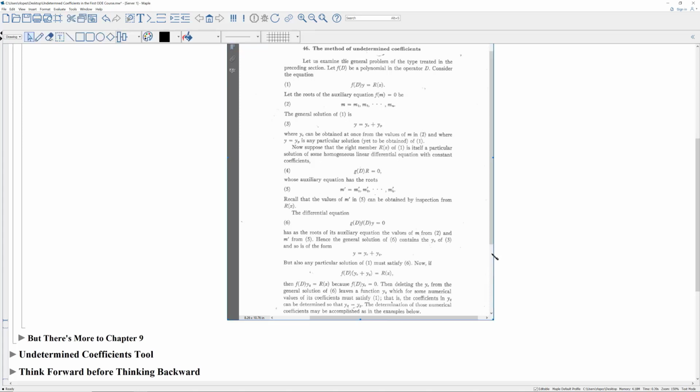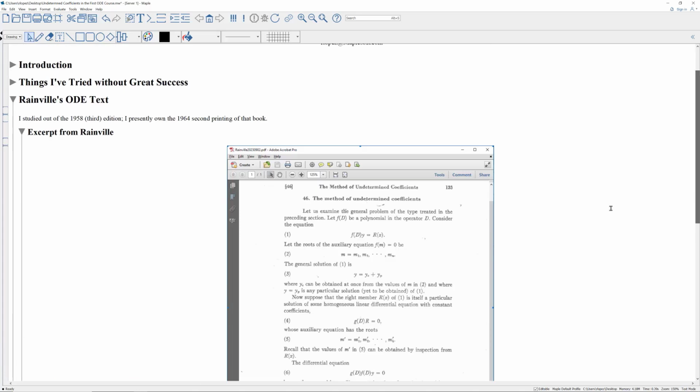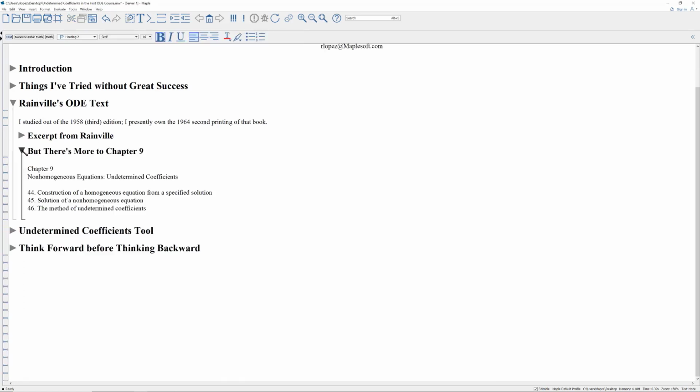Now, there's more to this chapter 9, because what we showed here is section 46, but what's the rest of this chapter 9 that this sits in? What else is there in chapter 9 we don't know about at this moment?